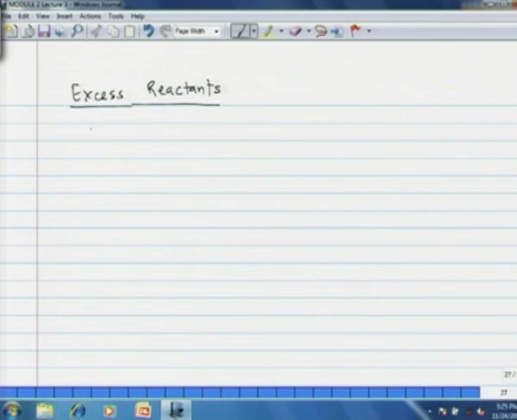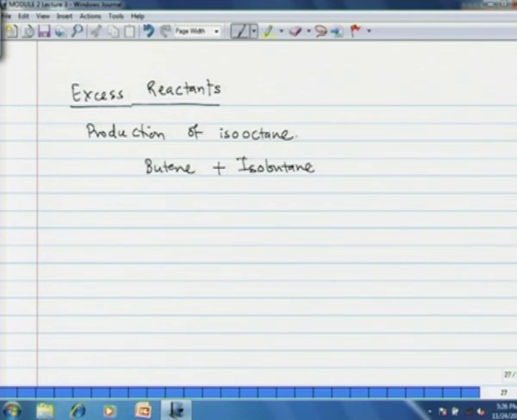Now, one example in this case is the production of isooctane, in which butene reacts with isobutane to yield isooctane, and butene undergoes a side reaction with isooctane to yield higher hydrocarbons like C12.